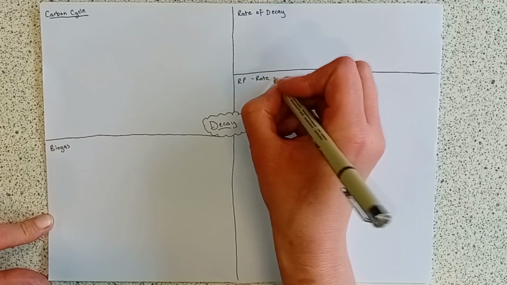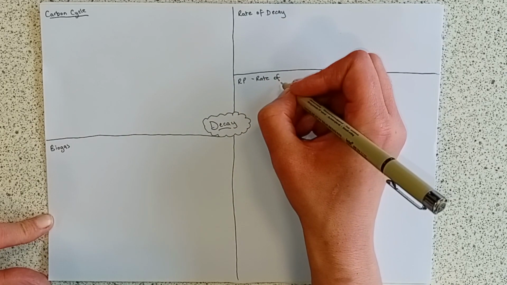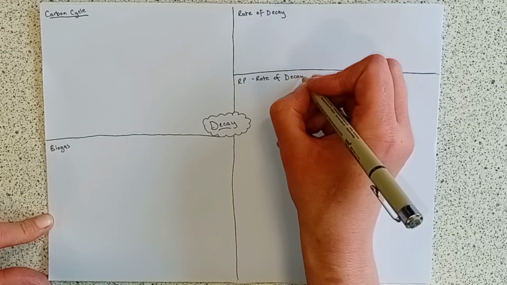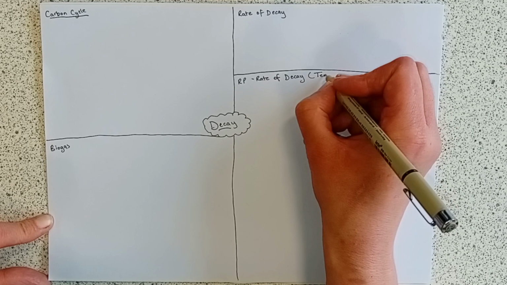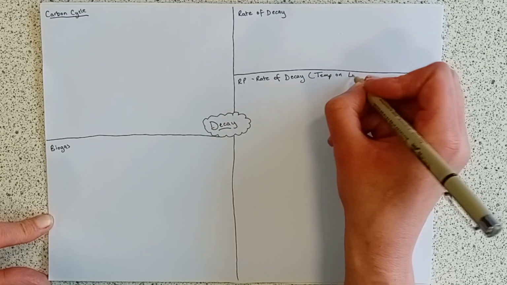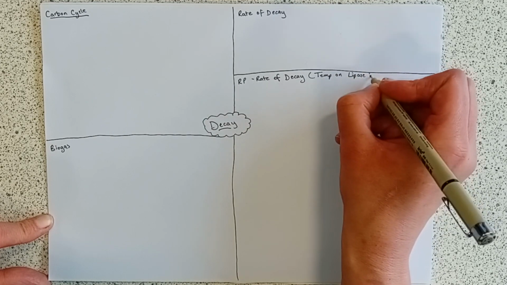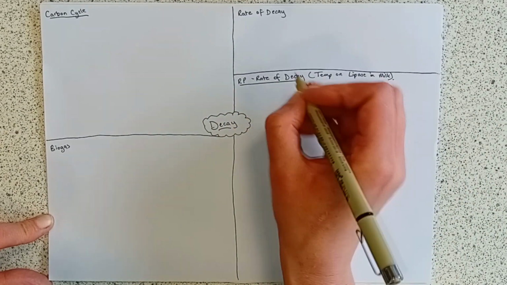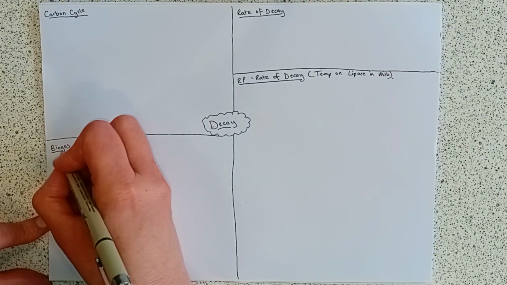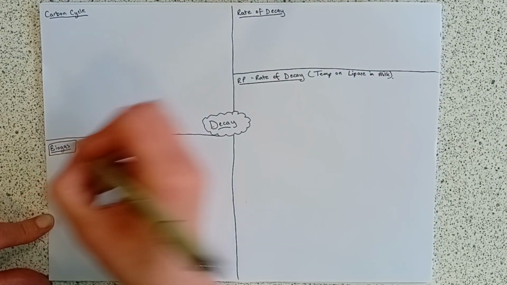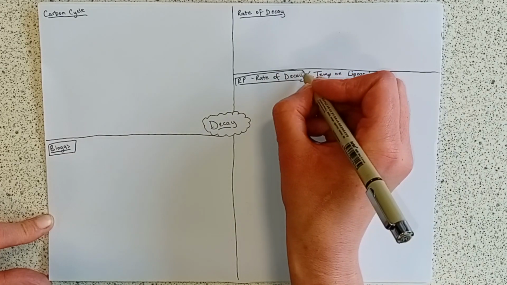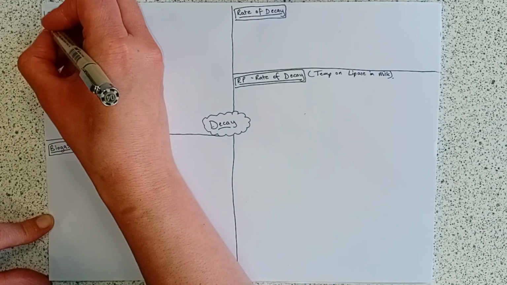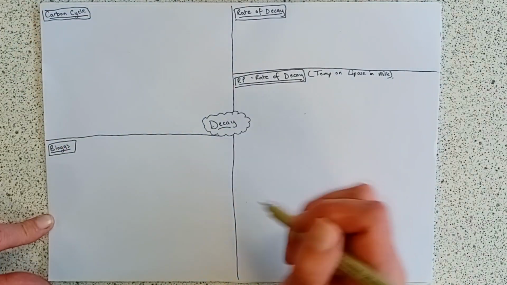It's a bit of a crazy one, because really, you're looking at the effect of temperature on lipase in milk. So all of this is on triple only. So if you're doing dual award, you don't need to do this.